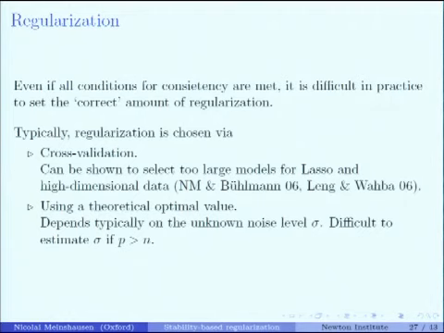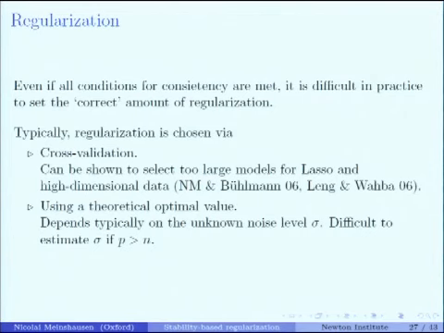Okay, and now coming to the second point: in practical situations, often it's quite hard to pick the right amount of shrinkage. What is usually done is to either take cross-validation, but it can be shown that it doesn't work out well. The model you will have in the end, if you take cross-validation, is always going to be too large.